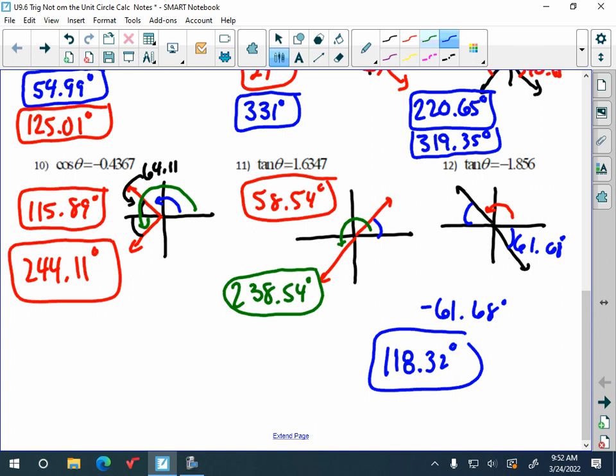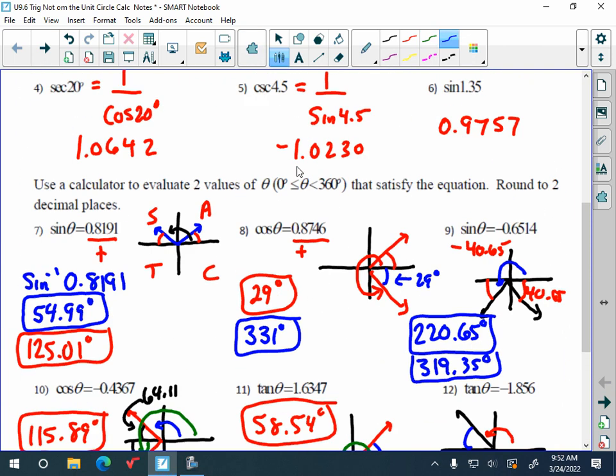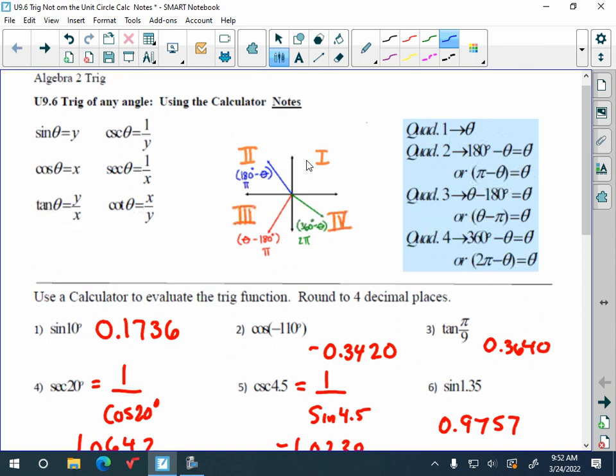Okay? No, you don't have to. So, because this is in quadrant 4, and I know this reference angle, I can use that formula that's on top. It's the same thing that I used to get the first one, right here.